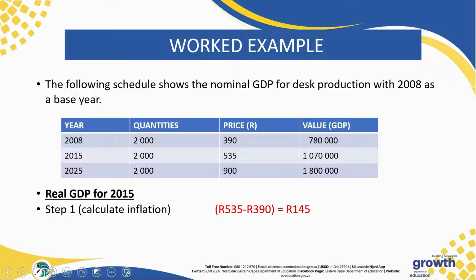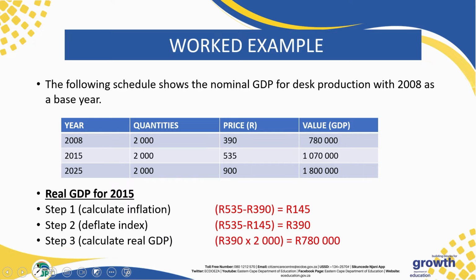So that 145 symbolizes that the prices increased by 145 in our example. Now, the second step would be to deflate the index. So you take the current price, that is 535, you minus the inflation, which is 145, and then you get 390. That 390 becomes a constant price, the price that we are going to use for calculating the real GDP.